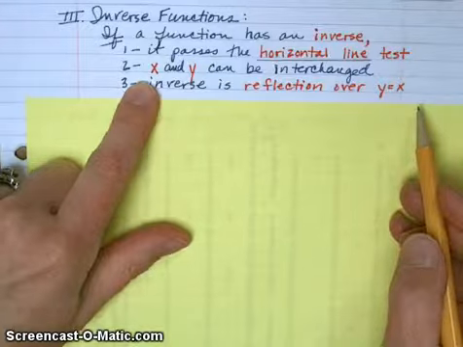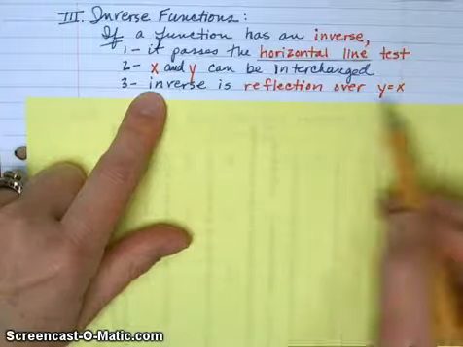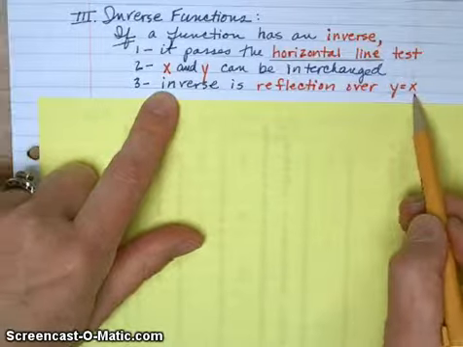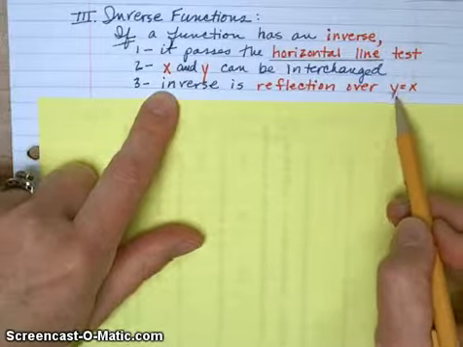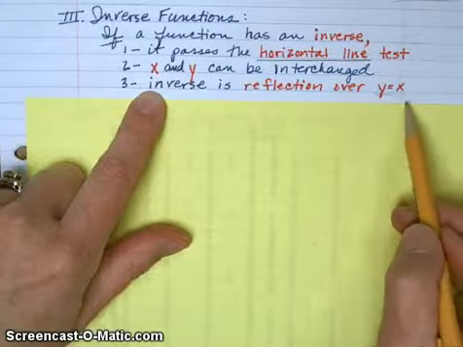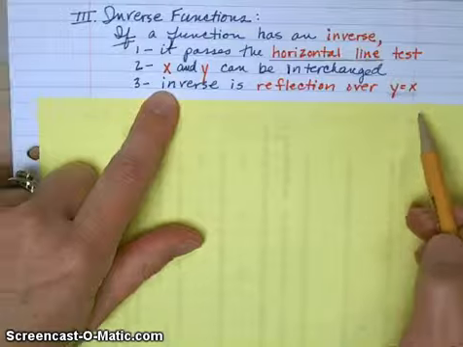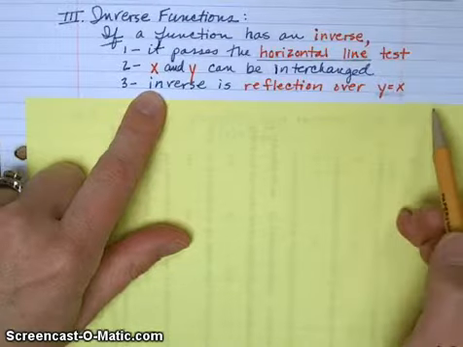I can get the inverse. Also, the inverse is a reflection over the line y equals x. So very often we draw that line and see if the inverse reflects over that line, if that's possible. Then you have a function that has an inverse.